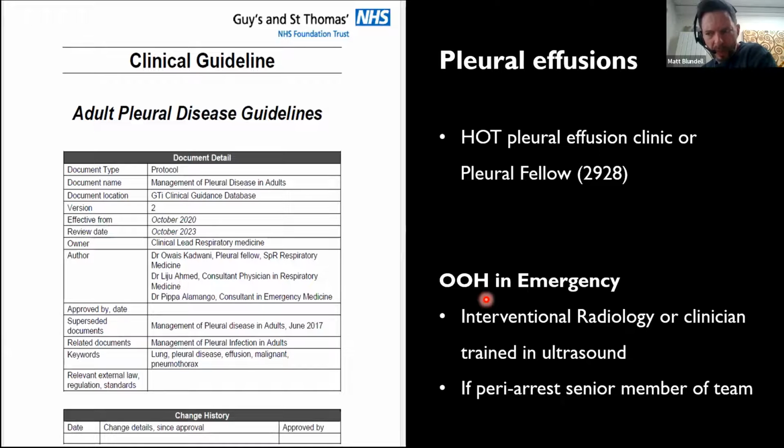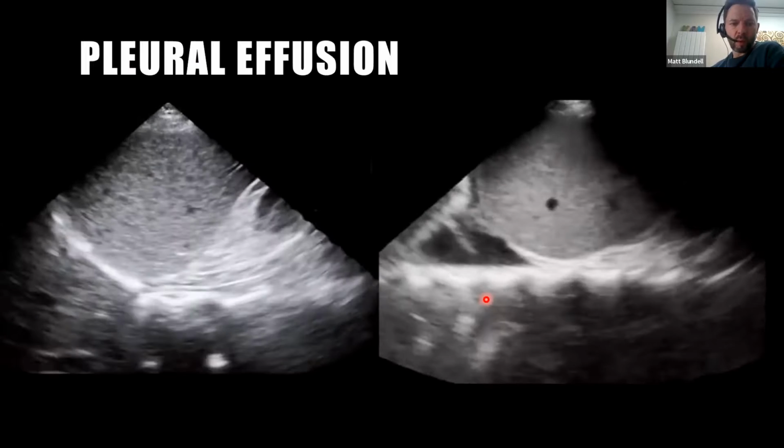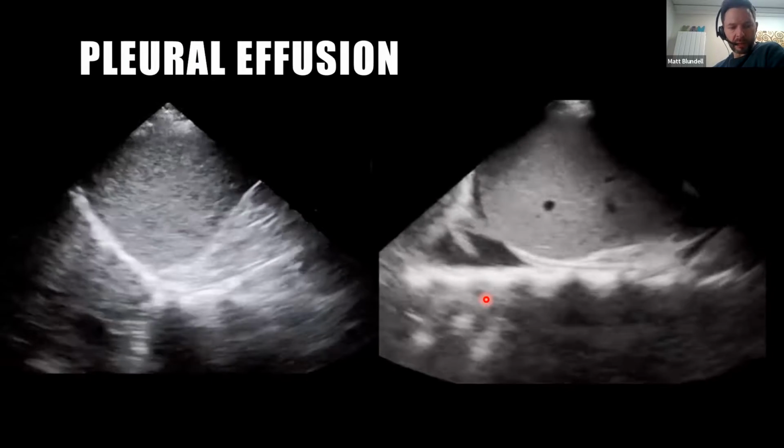It's probably not something they're going to be doing out of hours, or a clinician trained in ultrasound, which is generally going to be your pleural fellows. But there's a caveat that in a peri-arrest situation, as we might see a patient in resus, if they need a chest drain, then it should be someone in the emergency department who's capable of doing that.